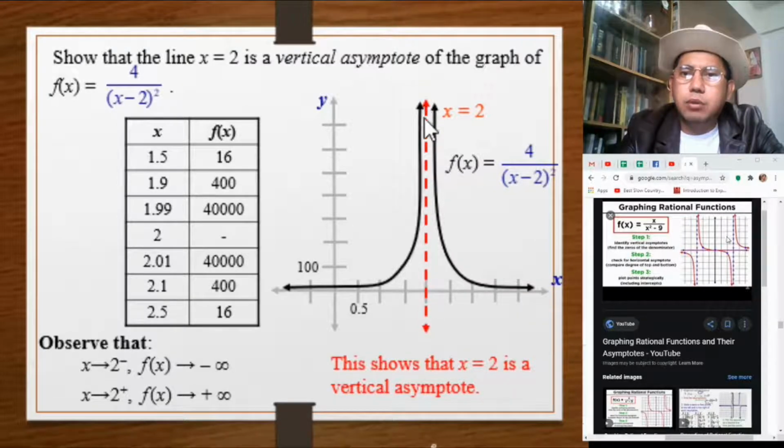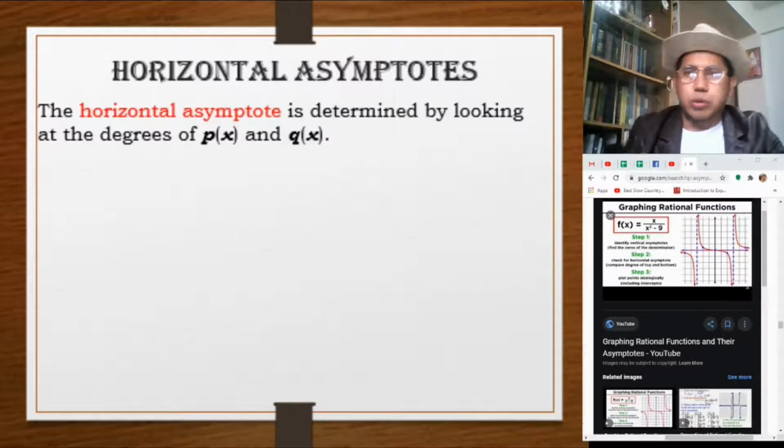Why again? This vertical line, which is created by your x equal to 2, is considered the vertical asymptote. Another concept that we're going to discuss will be the horizontal asymptote.